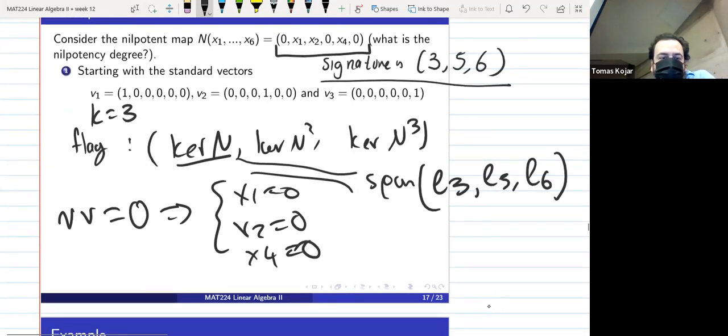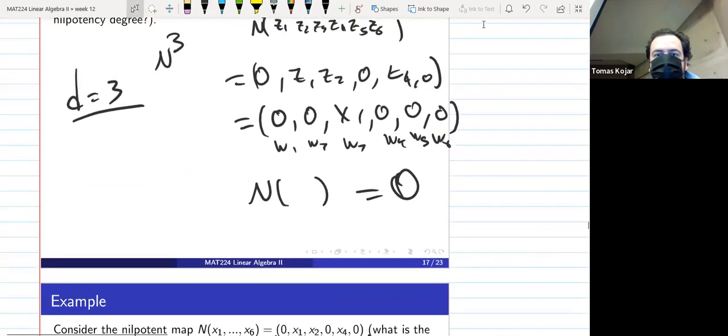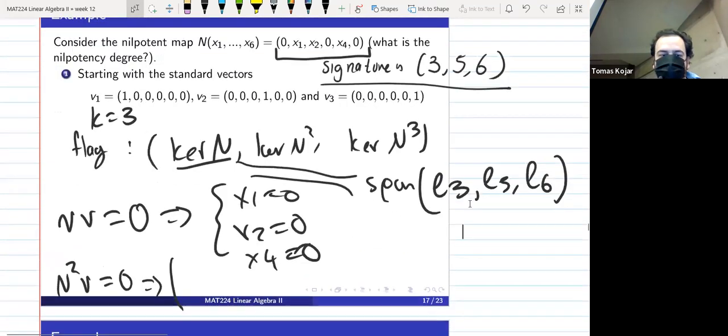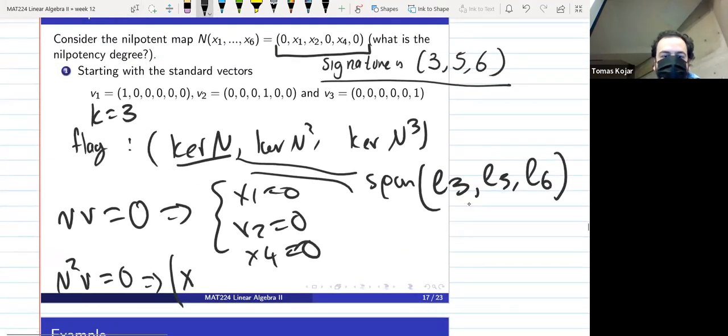For the square, it's very easy, right? We just did it a few minutes ago. So who survived? Only x1 survived. So that means you get x1 is 0.